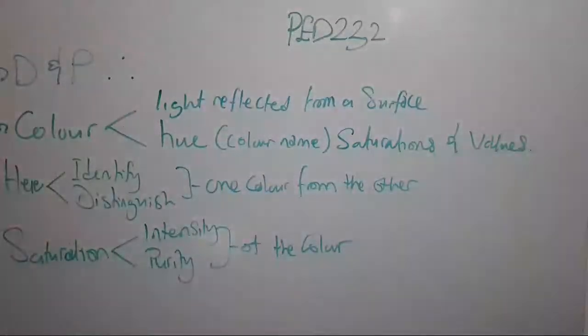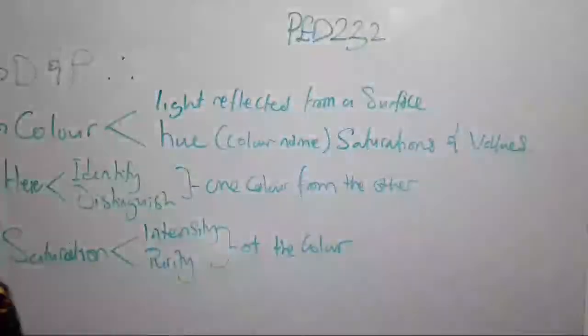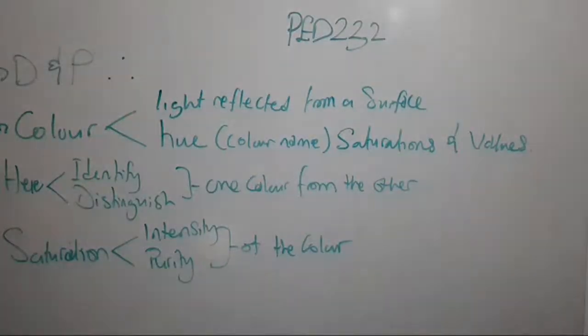Look at what it says here. It refers to the amount of black and white mixed with color. That's the process of mixture. It shows a gradation, a grade from the darkest to the lightest.